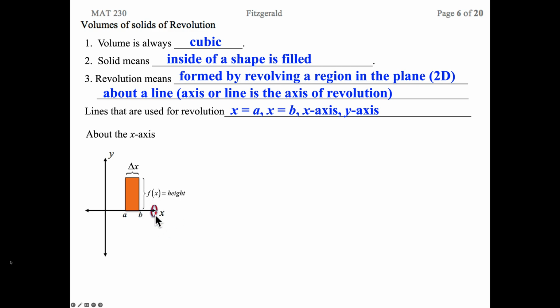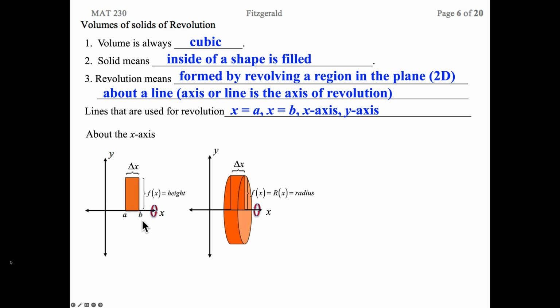On the test, when you draw these pictures out, I need to see this little circular arrow so I know where you're revolving it. And your rectangle is always perpendicular to that axis. As we rotate this around, seeing that I'm from Wisconsin, we're going to get a big old wheel of cheese.